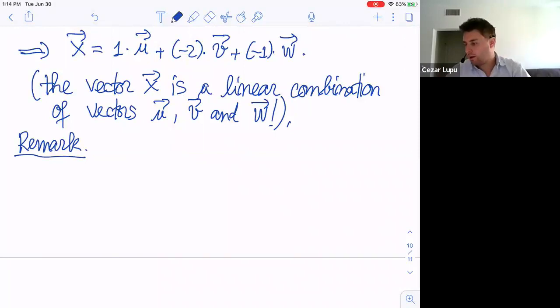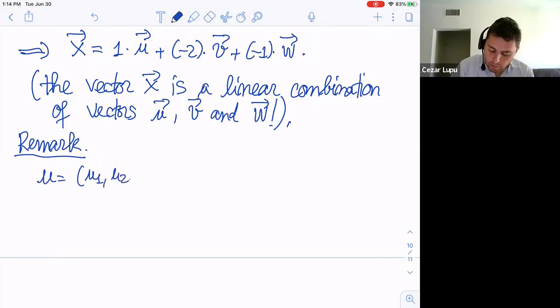Probably I will need 3 lectures. So, okay, the remark is the following. Sometimes it's useful to represent a vector. Let's say if I have a vector U of U1, U2, UN, so this is in Rn.